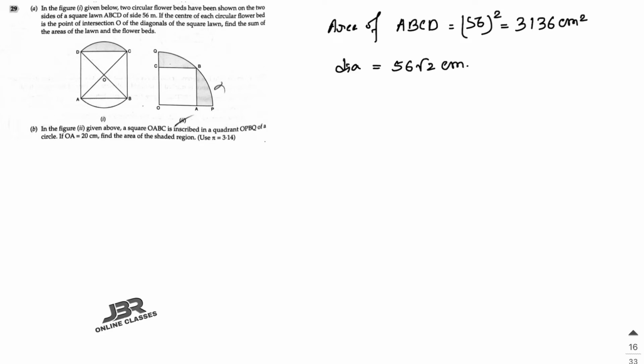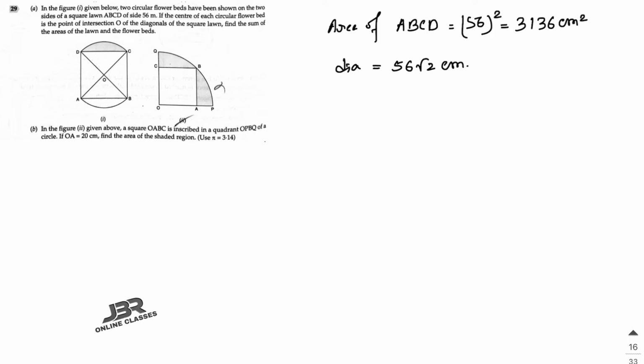As ABCD is a square, you can find the area of ABCD, that equals 56 whole square, so 3136 square meter. Clear? Now the diagonal of the square equals 56 root 2. The radius of each quadrant is half of the diagonal.